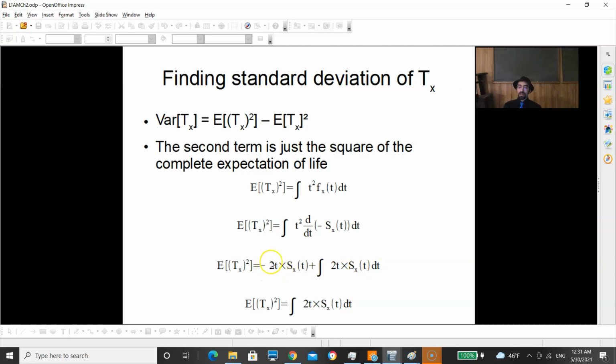Now, this right here, we plug in t equals 0 and t equals omega. At t equals 0, the 2t goes to 0. At t equals omega, the survival goes to 0. So this term just goes away, and expectation of t squared is just the integral of 2t times s sub x of t. And sometimes that can just be an easier way of getting expectation of t squared.